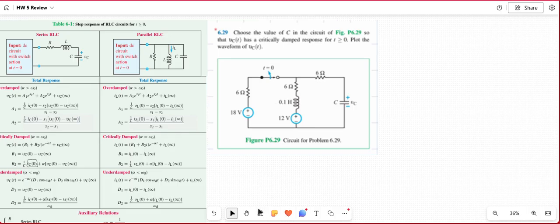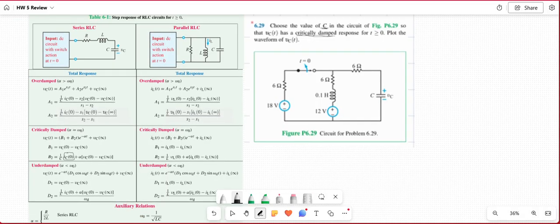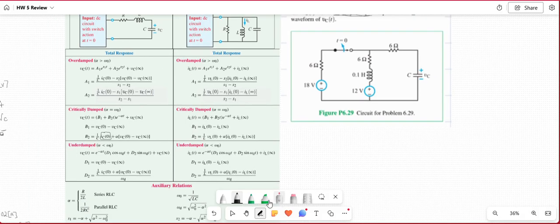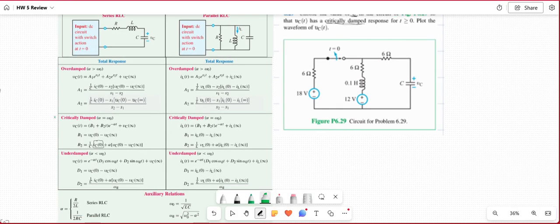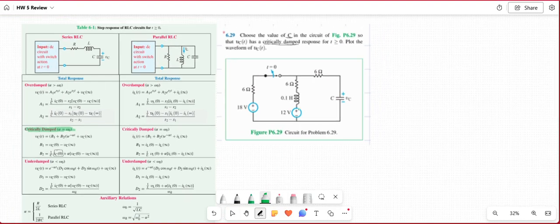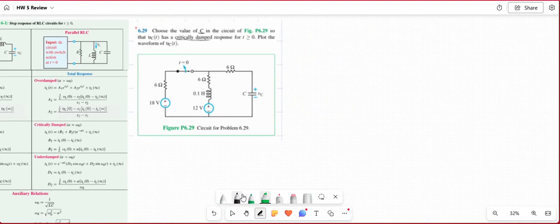All right. So now choose the value of C. We're going to try to find C for critically damped. So for critically damped, we're going to be looking at this equation. It says VC of T. This is pretty much the same thing as the previous one, just this time we need to find C instead of L. So we're going to find, for T less than 0, the initial conditions.